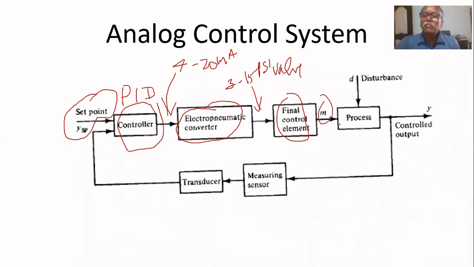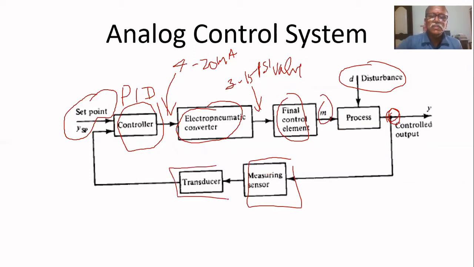The manipulated variable manipulates the input to the process. A disturbance may enter into the process. A measurement sensor senses, and then a transducer transmits the signal to the controller. This is the analog control system, represented as a block diagram.